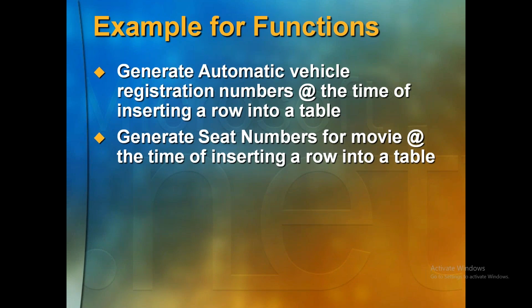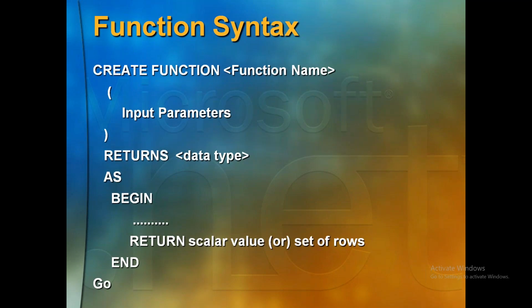For example, generate automatic vehicle registration numbers at the time of inserting a row into a table. Generate seat numbers for a movie at the time of inserting a row into the table. What is the meaning? The meaning is very simple. How can a function be created?